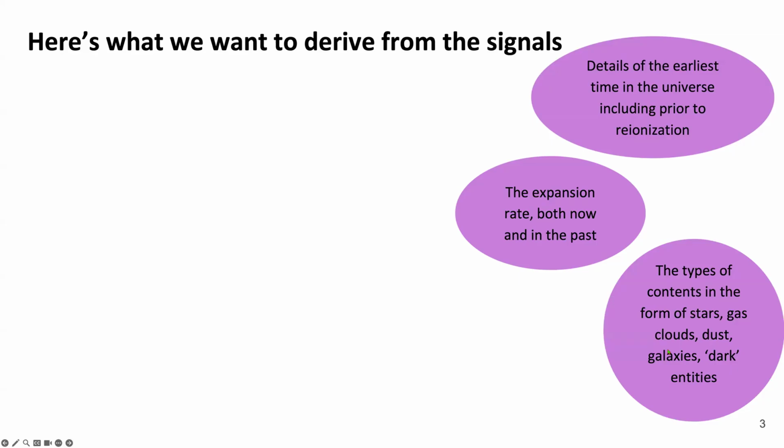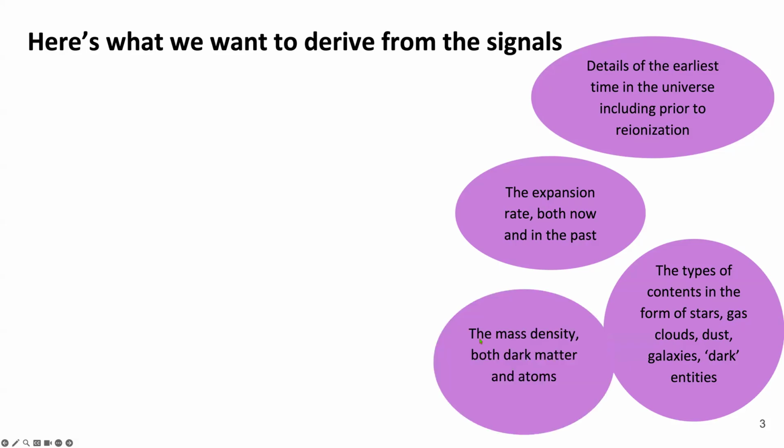We look at the different composition of stars, the gas clouds between the galaxies, the composition of galaxies, and we now describe, but do not yet understand, the dark part of the universe, that is dark energy and dark matter. Those topics remain mysterious. We understand the mass density of the universe.